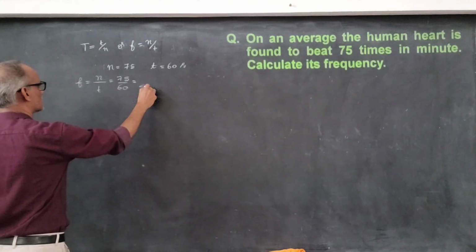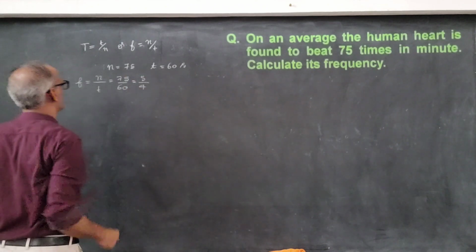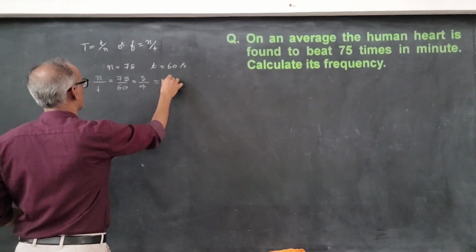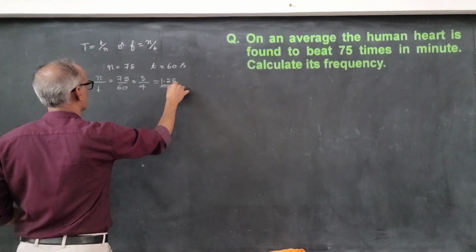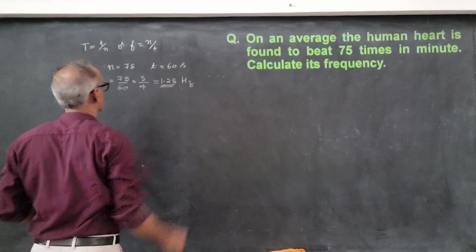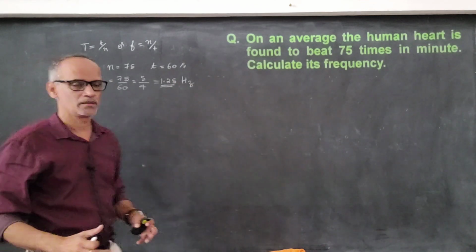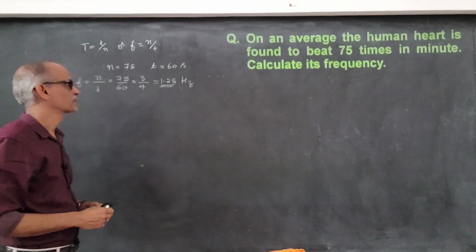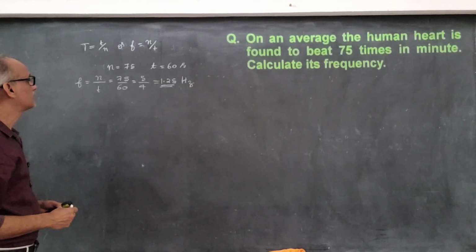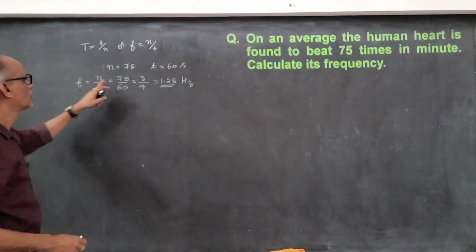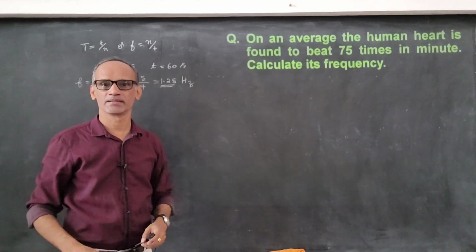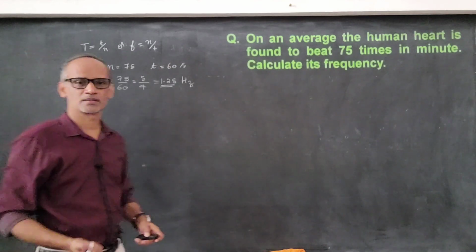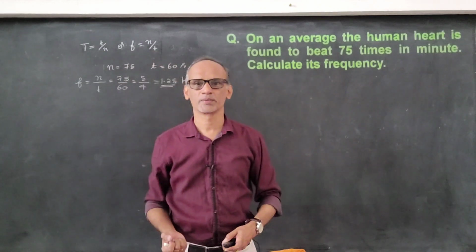Now, 15 fours are 60, 15 fives are 75, so 5 by 4, it's 1.25 hertz. This is the frequency of the heartbeat. That means it's going to beat 1.25 times per second. So that's how we can understand that value. An easy question. It's not a 5 marks numerical, it's basically a 1 mark or 2 marks question.